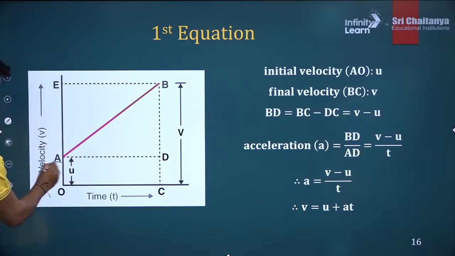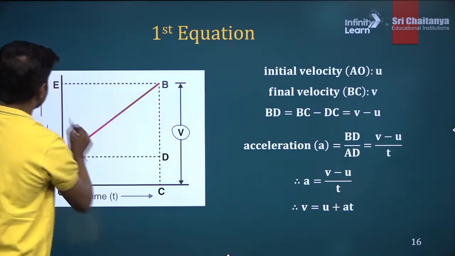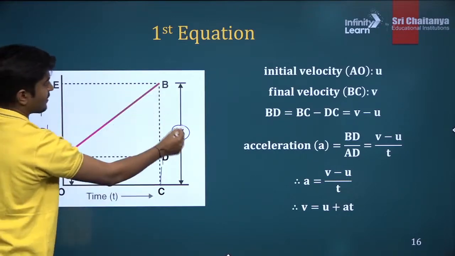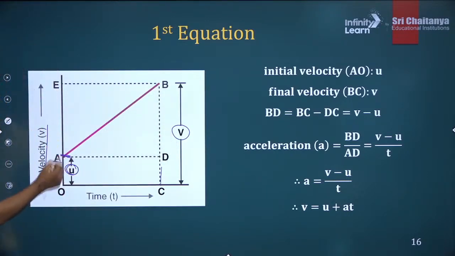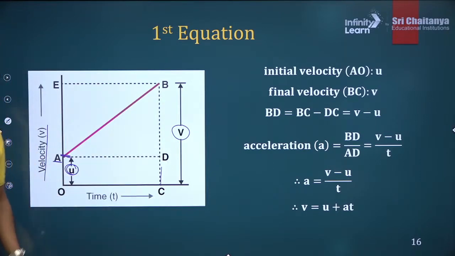This is a point A, there is an initial velocity u, and there is a final velocity v. So this length OE or BC, that is our final velocity, and the initial length, that is AO or DC, that is u, correct?